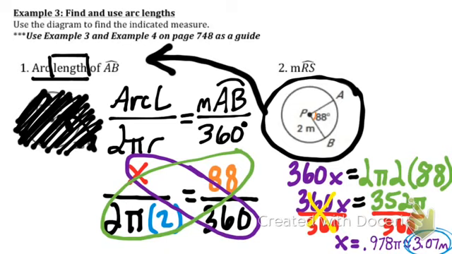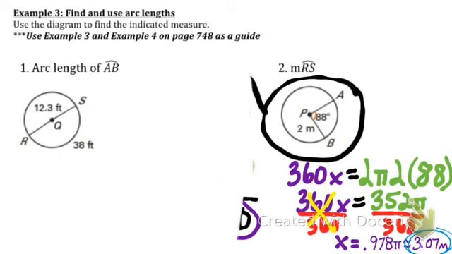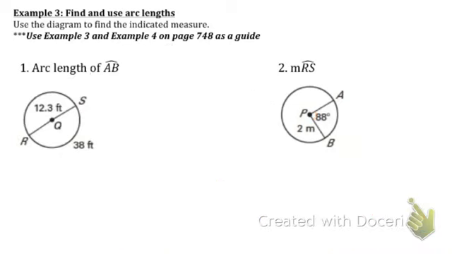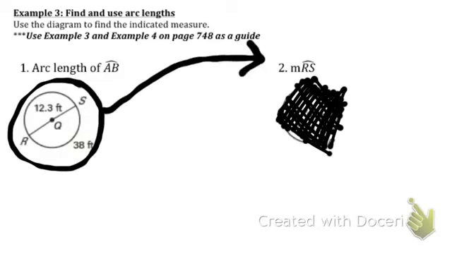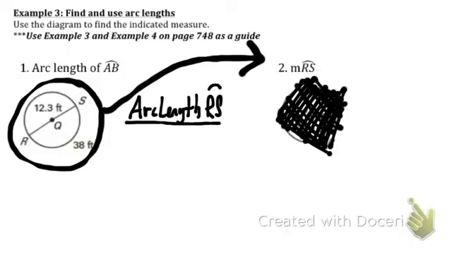Now for part 2 of example number 3, we are focusing on the measurement of arc RS. We don't want to look at that diagram, we want to look at this one for number 2. Because we want to find the arc measure of RS, we're going to write our proportion, arc length of RS over the circumference.